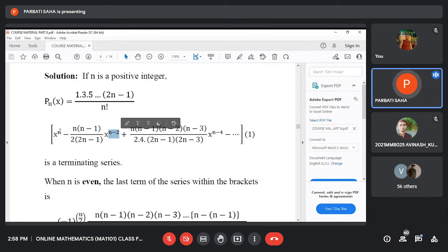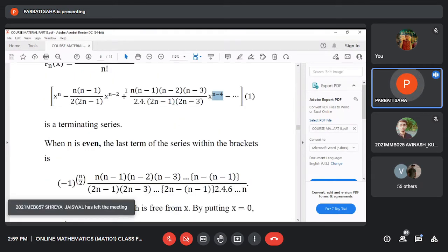So the lowest even integer may be considered as 0. Similarly, if n is odd, suppose it is 5, then it will be x cubed, then x to the power 1. So if n is odd, the last term should contain x to the power 1.